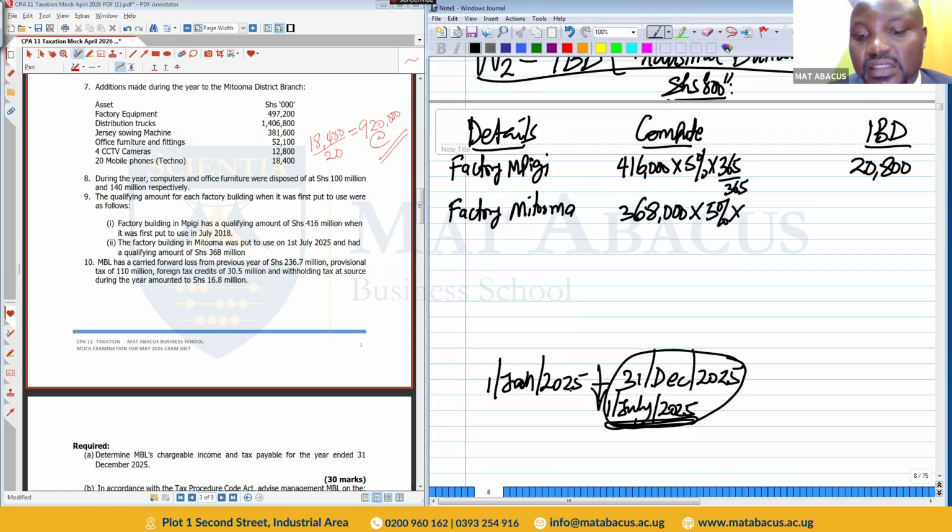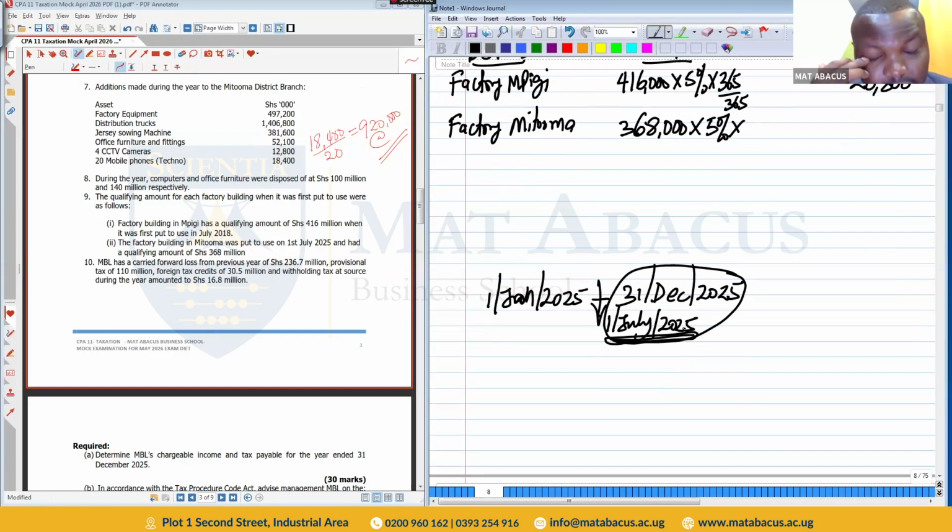We did not have this asset from January to 30th June 2025. Meaning that the number of days, because the formula for IBD considers the number of days used during the year of income. Meaning that we need to see how many days are in July, how many days are in August, September, October, November, and December.